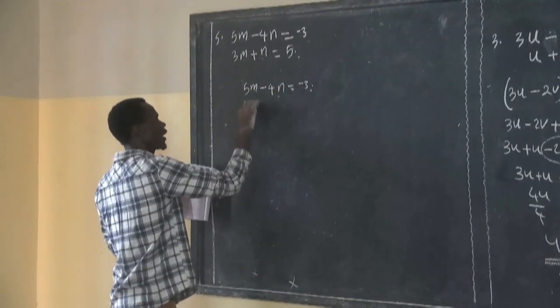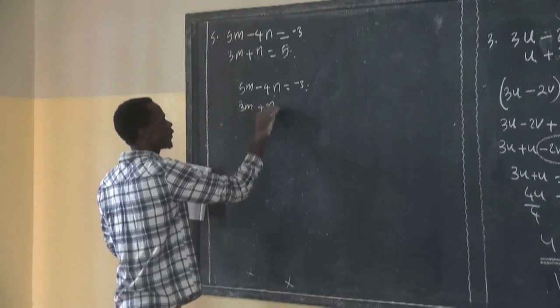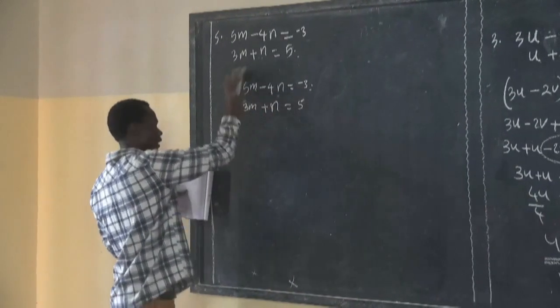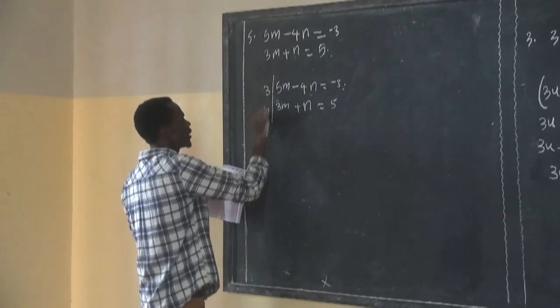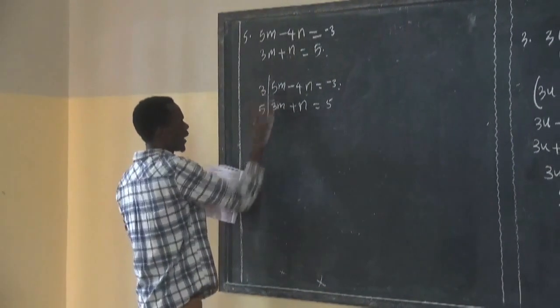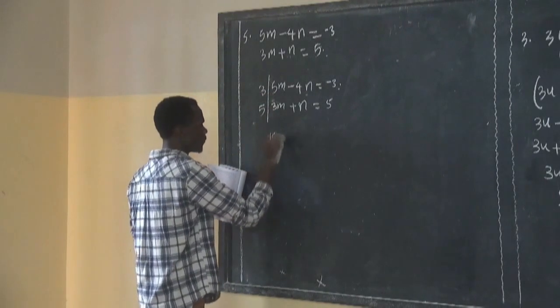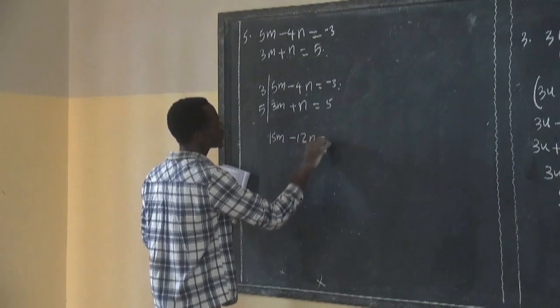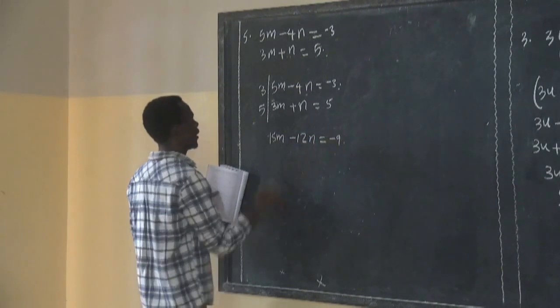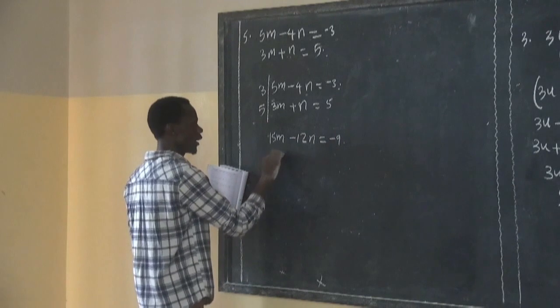Then we have 3m plus n is equal to 5. Now let us interchange. We multiply by 3 here, it is 5. Then this is 15m, then minus 12n is equal to negative 9. Therefore here we have 15m.